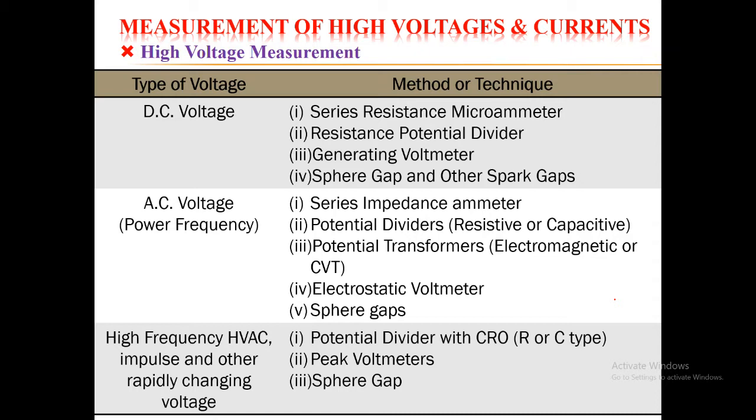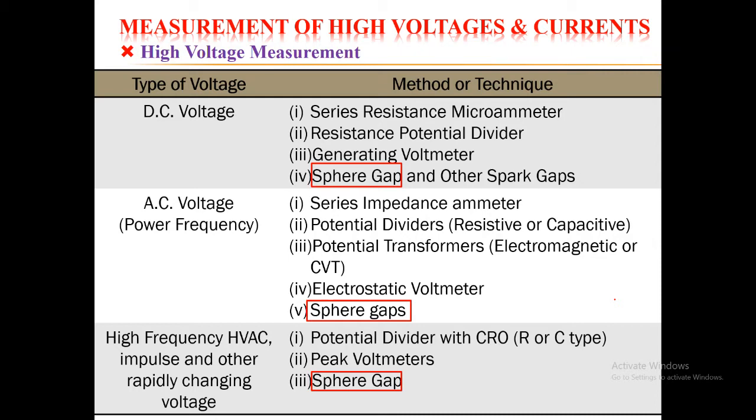But if you observe the tables thoroughly, there is one method which can be used to measure any type of voltage level, and that is the sphere gap. So in today's lecture, I am going to discuss two methods through which we can measure high voltage DC, high voltage AC at power frequency, high frequency high voltage AC, impulse voltages and other rapidly changing voltages with the help of the sphere gap assembly.